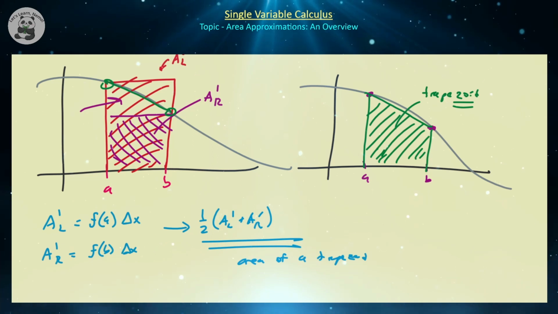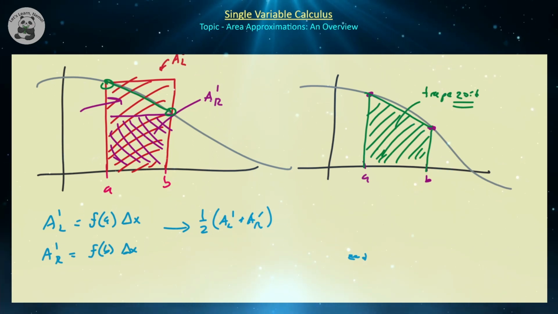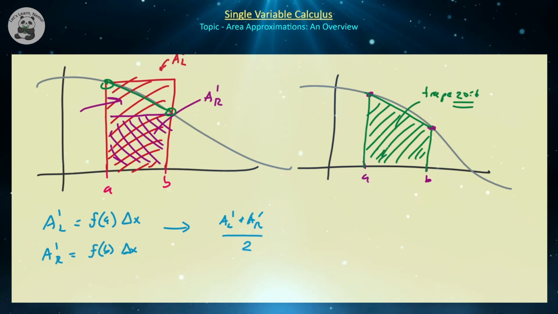Actually, there's no delta x here, and it's not obvious that that is the case. Let's show a little bit of work here. So if we take the red and we take the purple, add them and divide by 2, so we're just averaging the two values. So let's just write it. Some people aren't comfortable with that notation. So if we average the left and the right, what will we get?